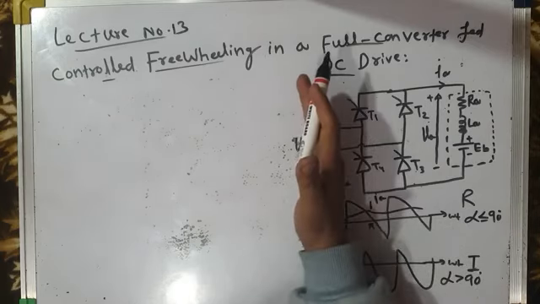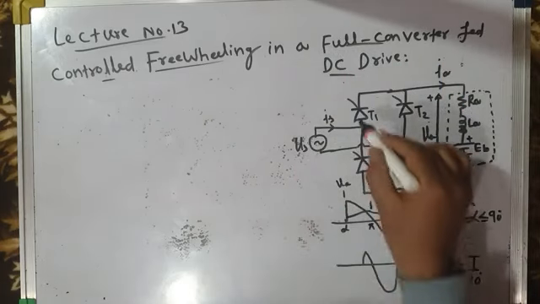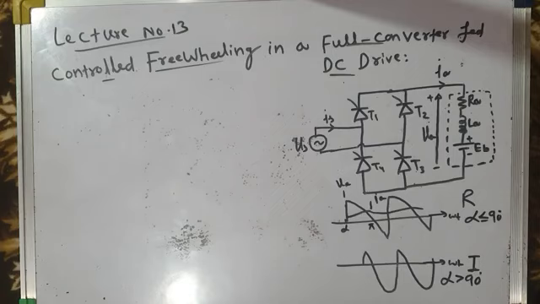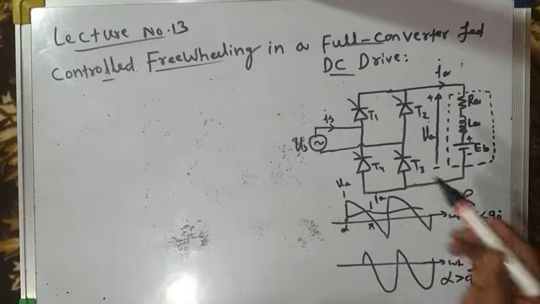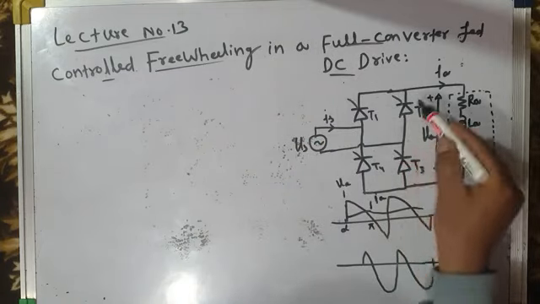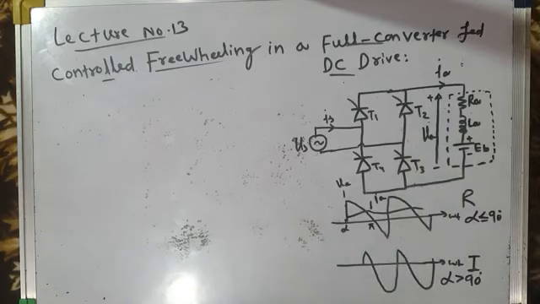That means power is flowing from source to load via T1, T3 pair of devices in the positive half cycle of source voltage. And in the negative half cycle of source voltage, again the same thing repeats. Power flows from source to load via the other pair of devices, that is T2, T4.